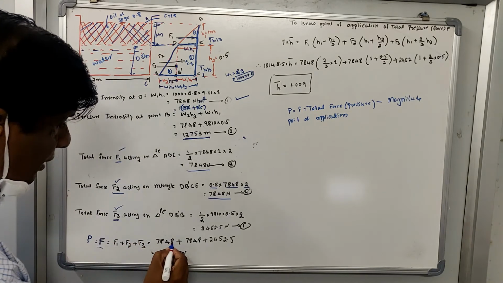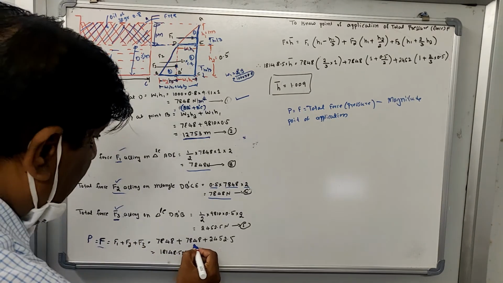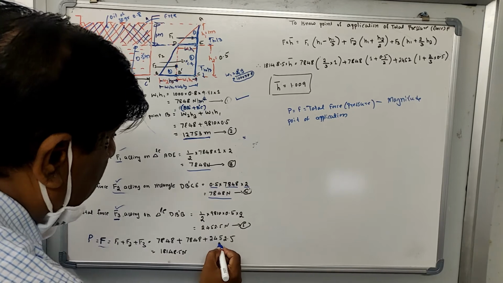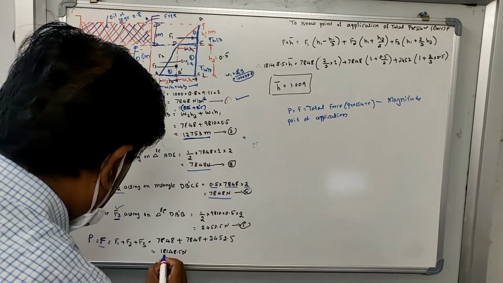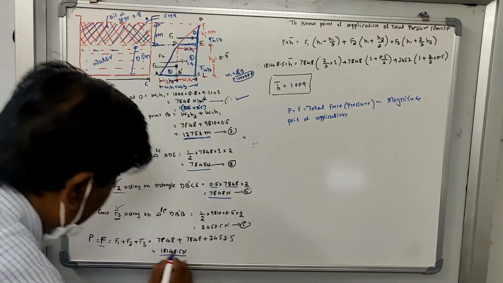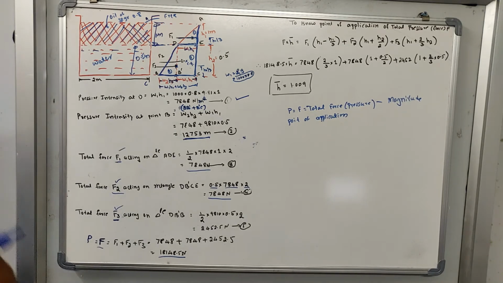So 7848 plus 7848 plus 2452.5. So this is the total force F or P.